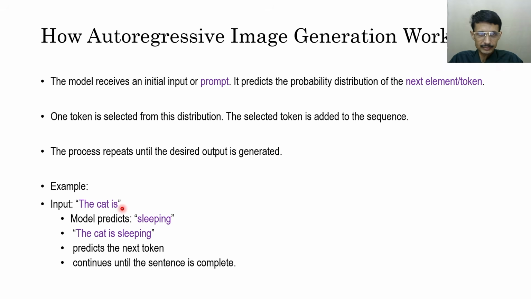For example, here the input is "the cat is." Observing the previous tokens, "the cat is," the model predicts "sleeping." The whole statement is "the cat is sleeping." Then the next token is predicted, and it continues until the sentence is complete. So this is basically how the autoregressive model works.